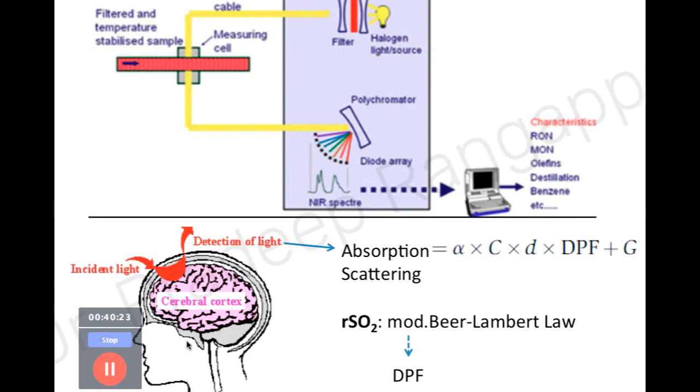This is pictorially shown where you have an incident light, then some of the light is absorbed, and then there is light that is reflected out. So you take the difference and use this modified Beer-Lambert law to derive the differential pathway factor and measure the cardiac output.